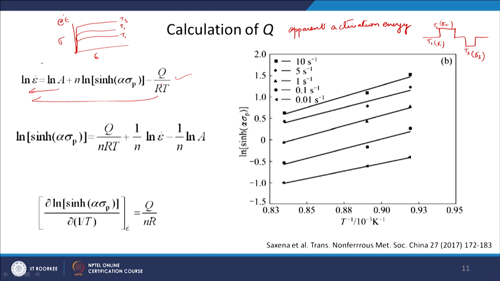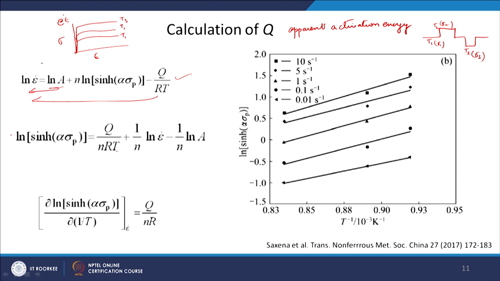Okay. So, this will become positive when I take it here. Okay. And ln epsilon dot is already positive. Okay. And this ln A will become negative. Okay. And also I am dividing by n. Okay. So, now you do not see any n here. Okay. But you have divided by n.